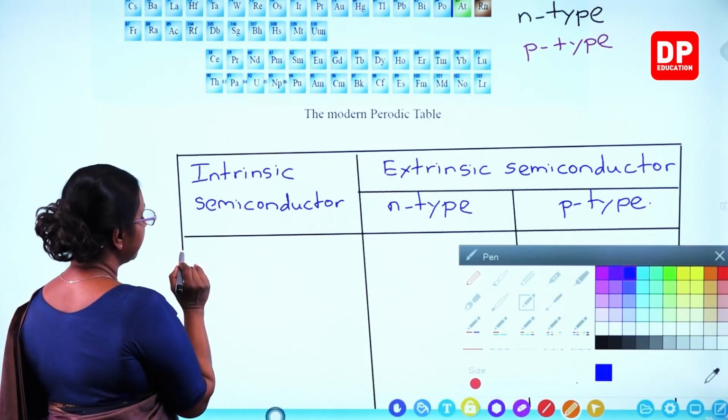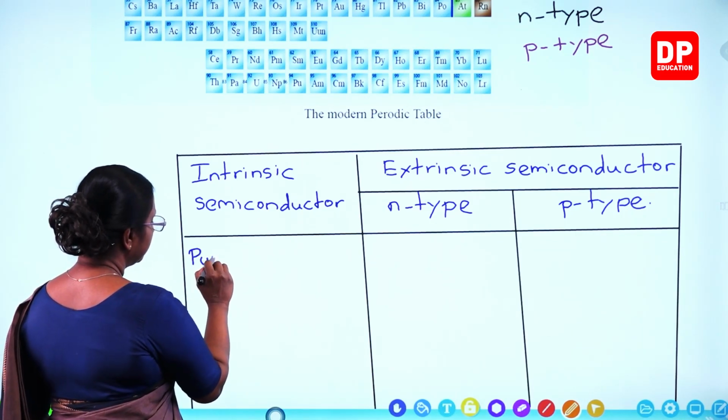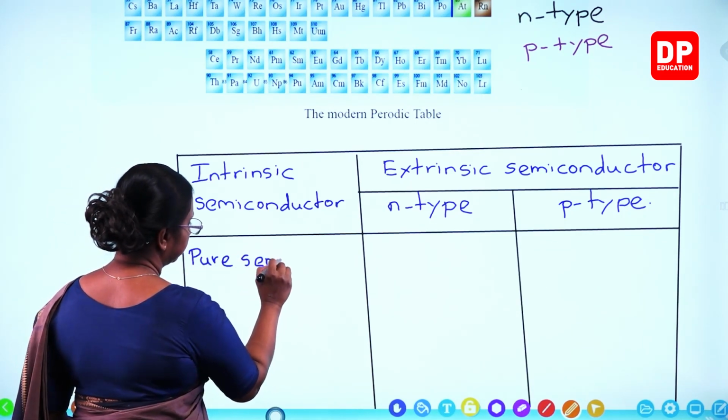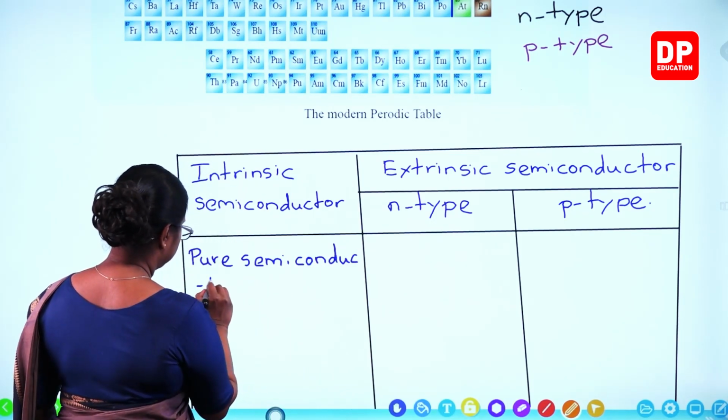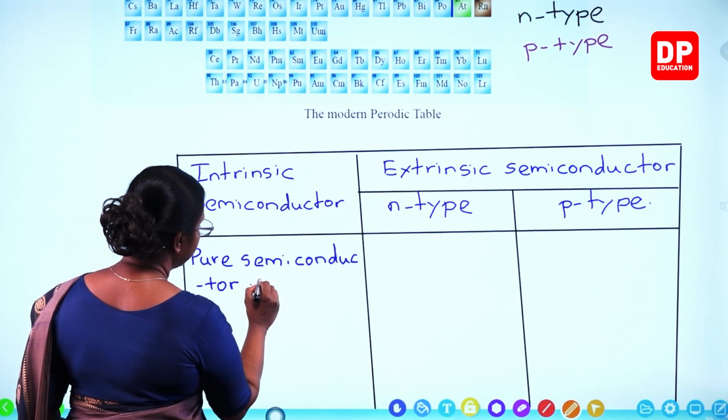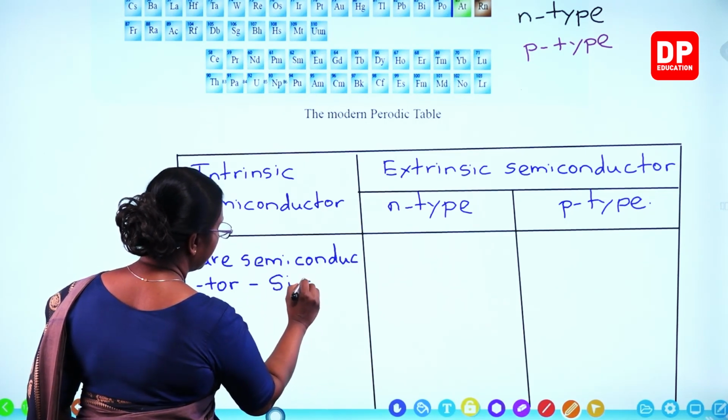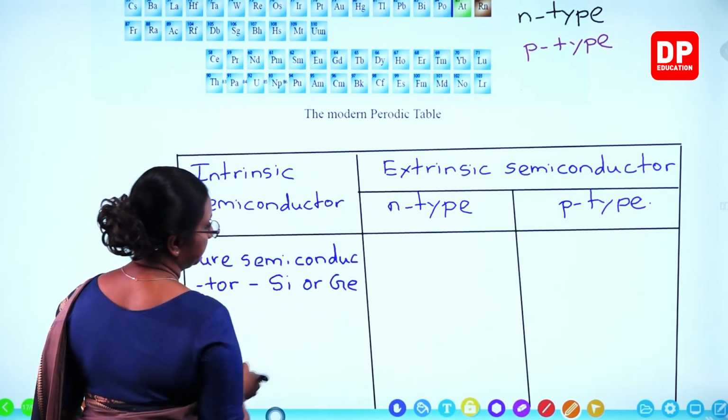Now, intrinsic semiconductor, pure semiconductor. So it can be silicon or germanium.